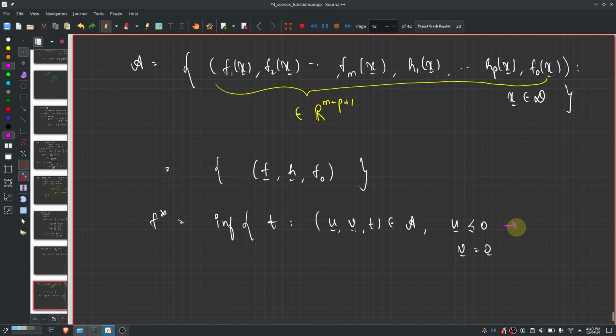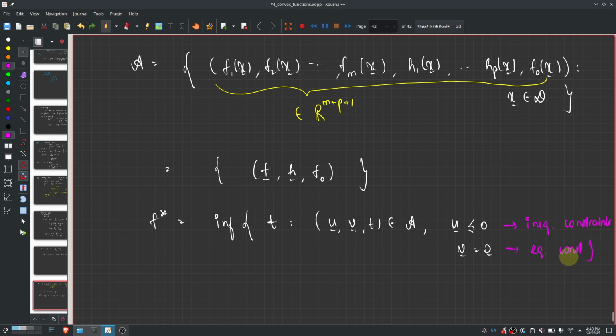You get these from the inequality constraints, and this should be the equality constraints.